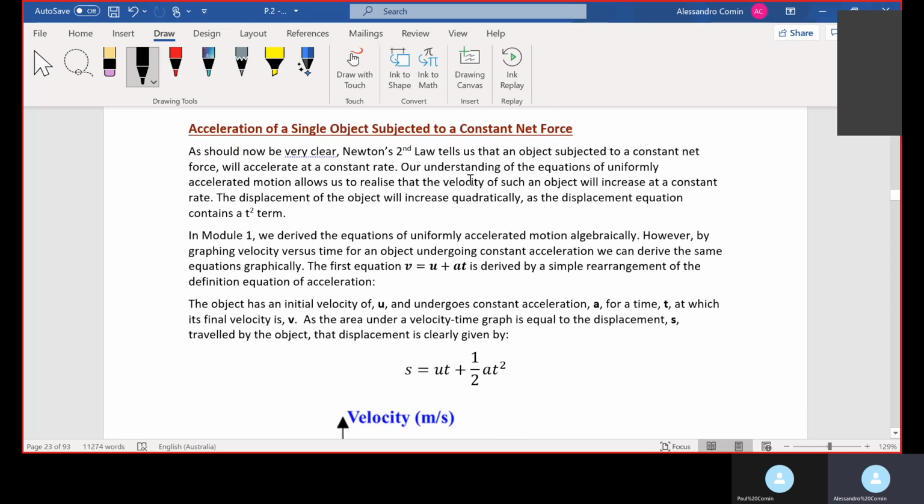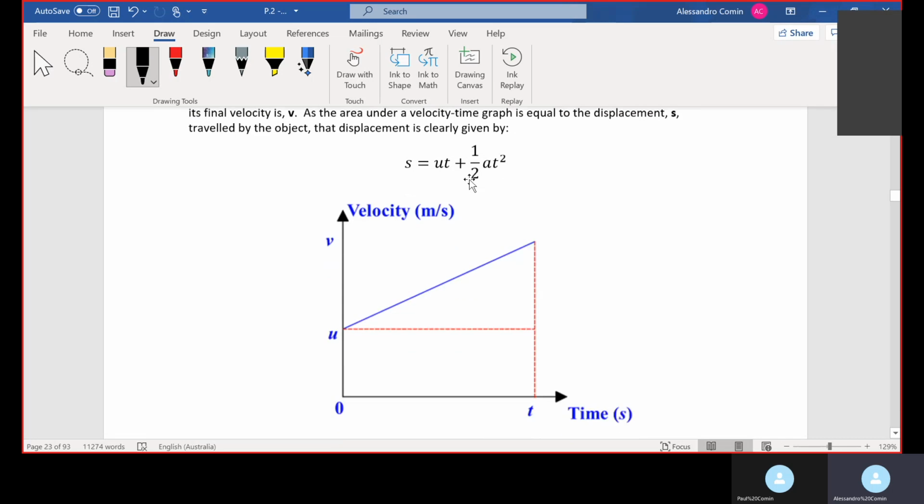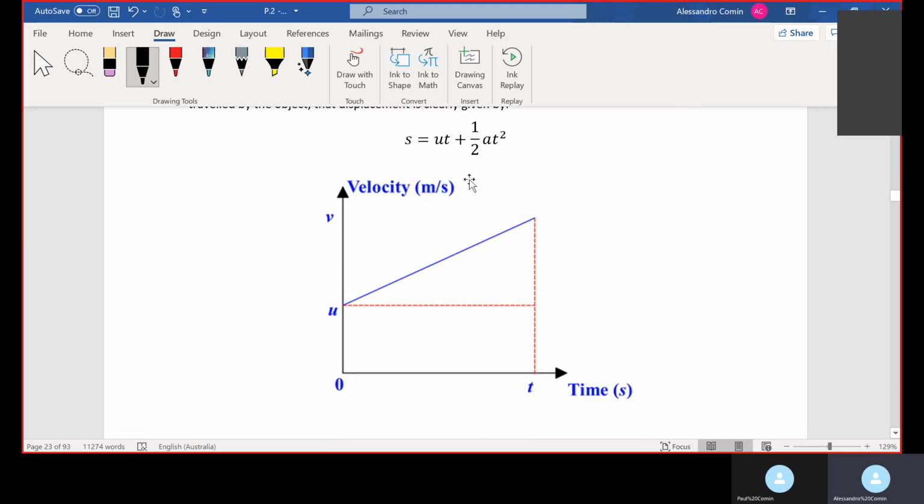Now we can actually derive these other equations through looking at a velocity time graph. So let's say that I have an object and that object is experiencing a force. Now we know through velocity time graphs that the gradient of a velocity time graph is the acceleration, and the acceleration times the mass is the force.